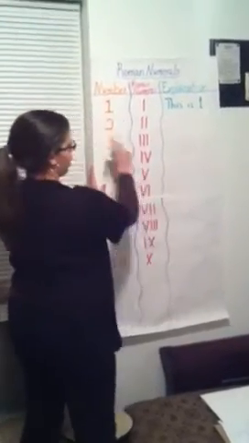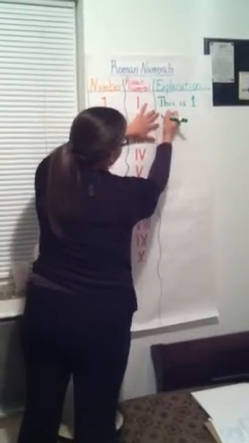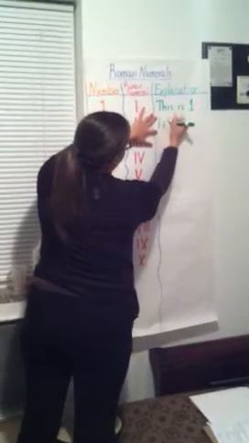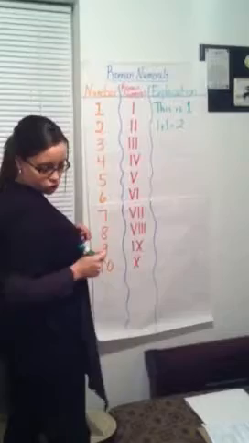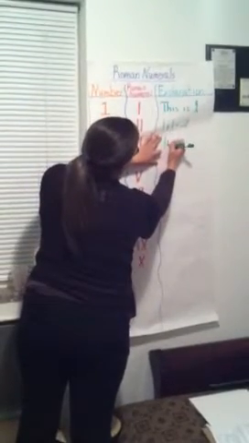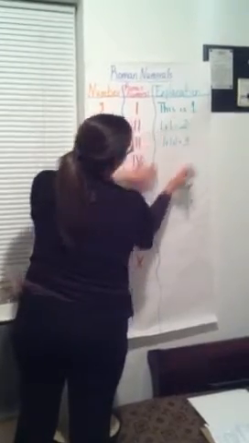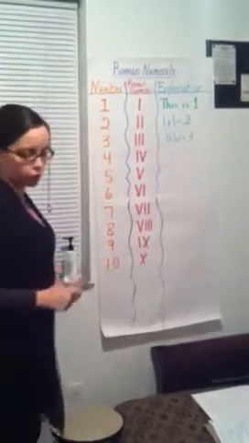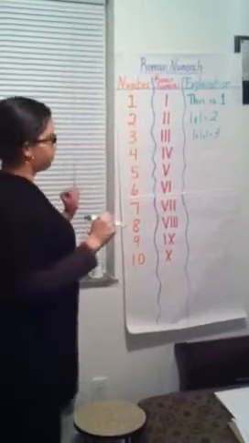That's our explanation. Now, to write the number 2, they just added 1 plus 1 equals 2. So they added 2 of these together and makes 2. For 3, 1 plus 1 plus 1 equals 3. So they added 3 of these kind of sticks or eyes, we can call them.